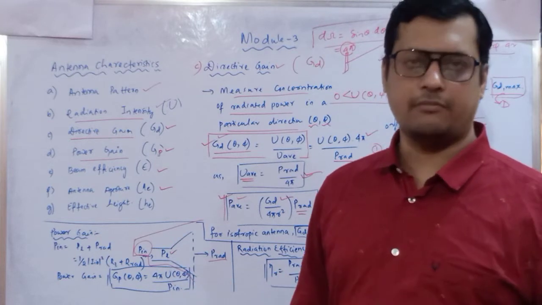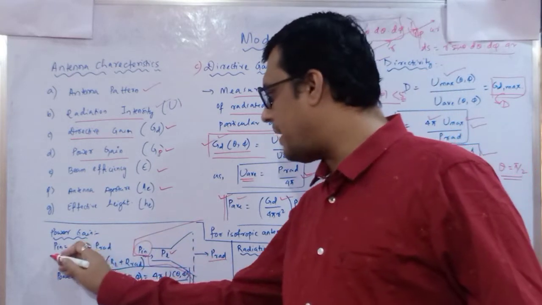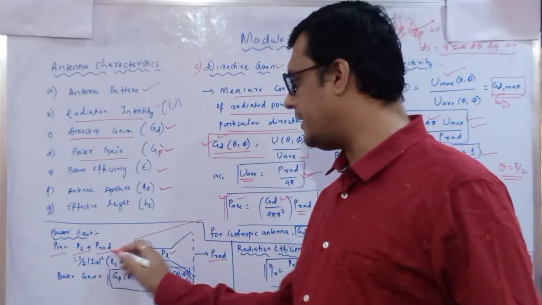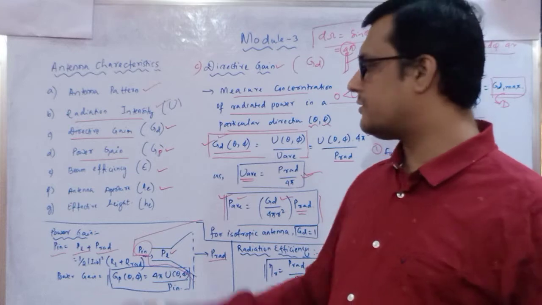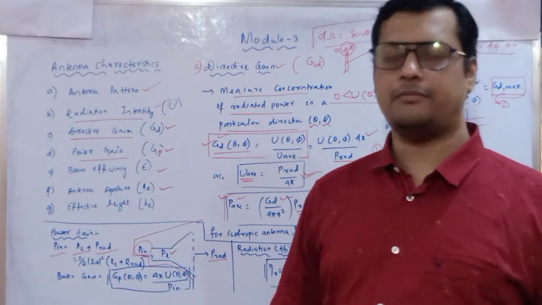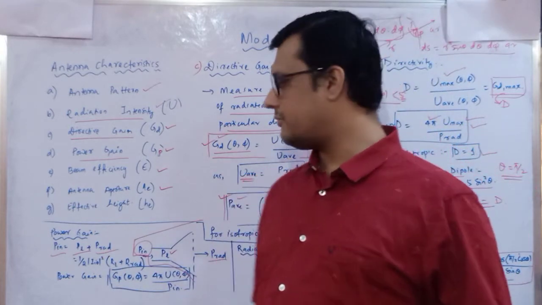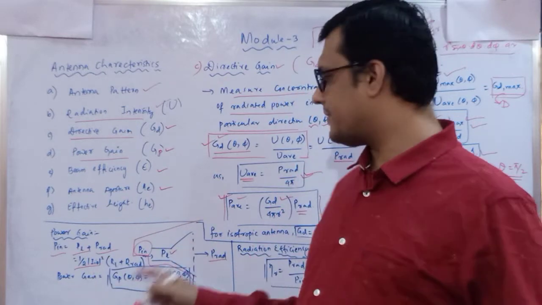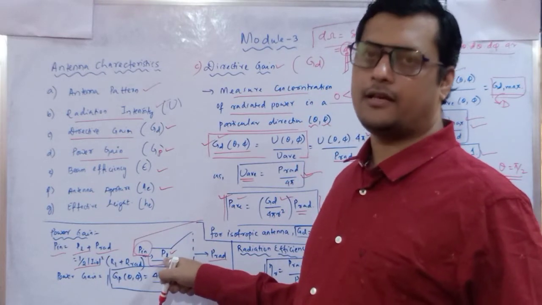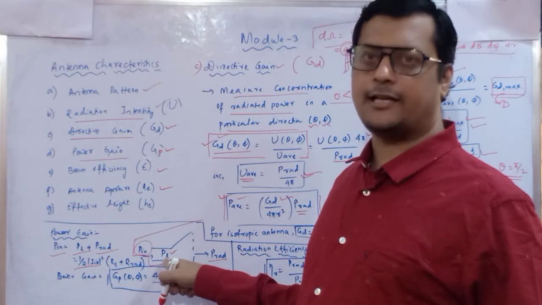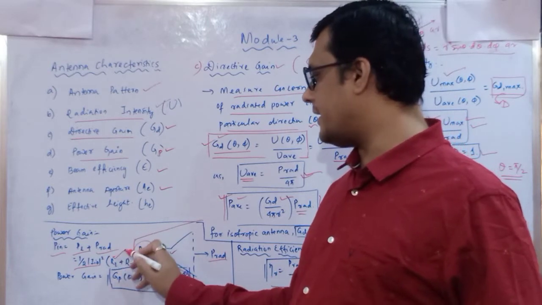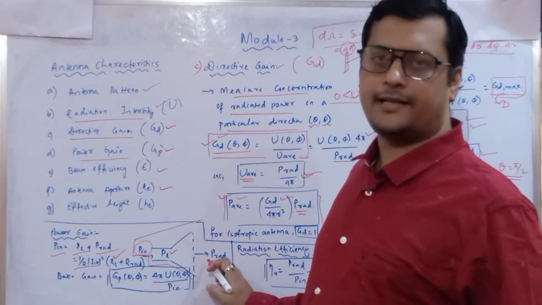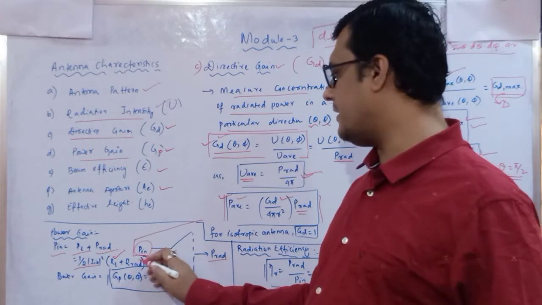So what relation do I form? My input power must be equal to the losses plus the radiated power. I can write this power in terms of resistance and current also. So I write half input current square times RL, the loss resistance of this medium, and the radiated power depends upon the radiation resistance, that is R rad.